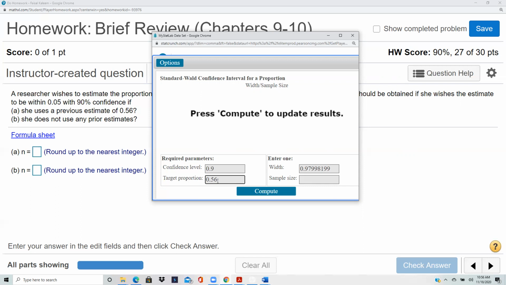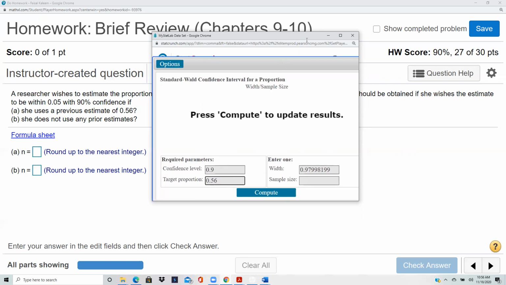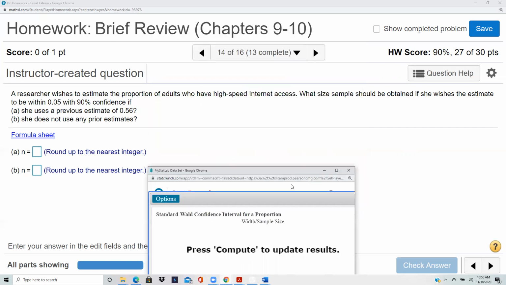Is that how you reason in life? Yeah. Pretty much. And it says within that number, so width. I don't know. So within is the same as width. Wow.